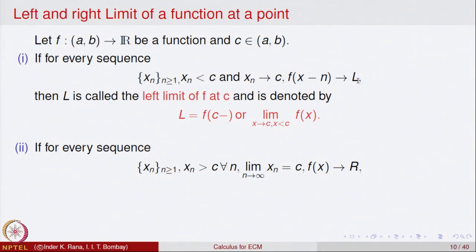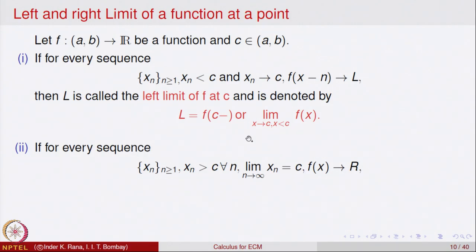It is denoted either by f of C minus, the minus indicating you are coming from the left side, or by the limit as x goes to C with x less than C of f of x. Either way, this indicates that the function has a limit as you approach the point C from the left.